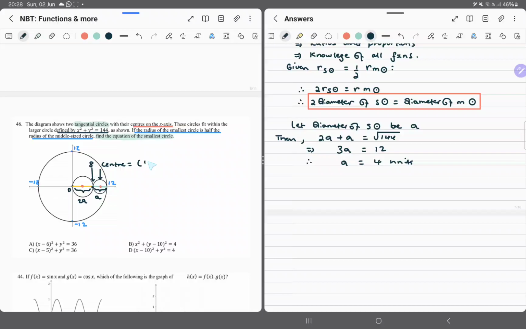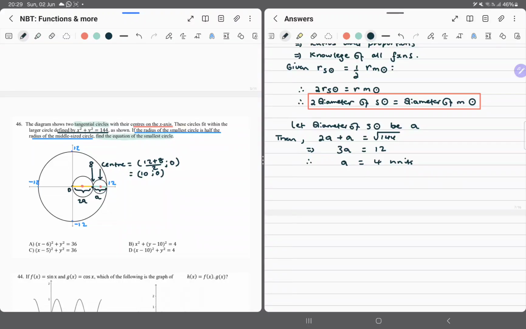So it's going to be 12 plus 8 over 2, which is 10. So we know that the center is at 10 and 0. So basically that's the story there. Should have written it properly here. Okay, so this is what we've got.